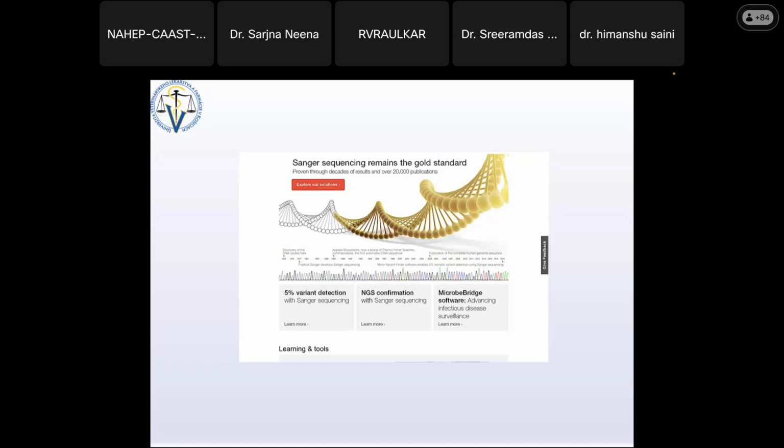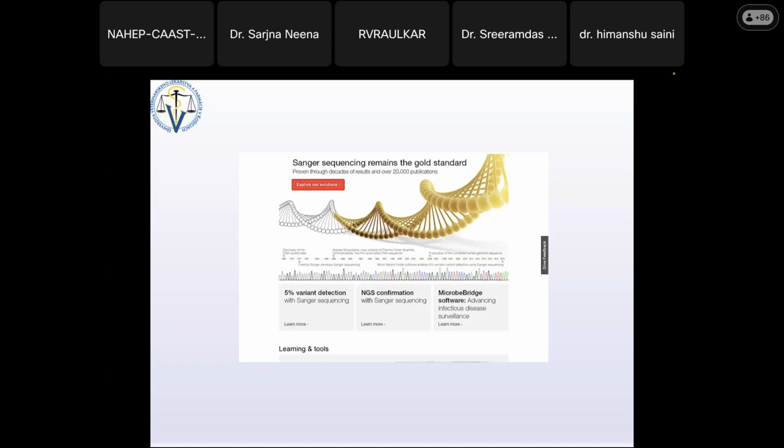As Laemmli invented the separation of different molecules through polyacrylamide gel electrophoresis, Sanger was able to separate his nucleotides through the polyacrylamide gel electrophoresis. And where is Bradford? The Bradford assay was used as a negative control to see whether there is some protein contamination in DNA before sequencing.